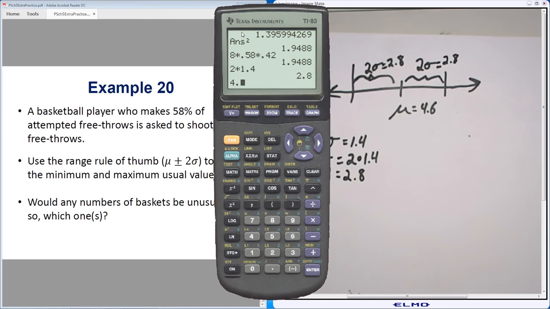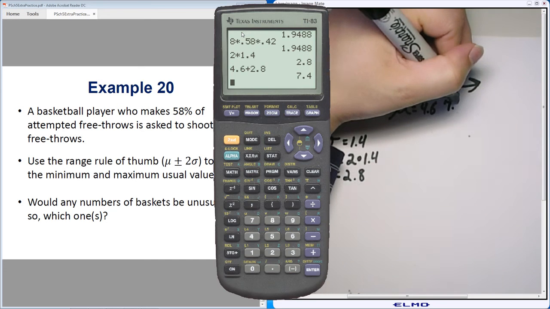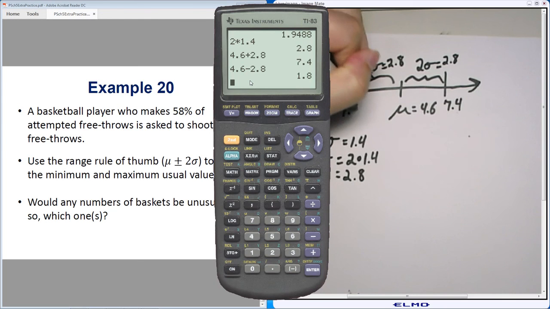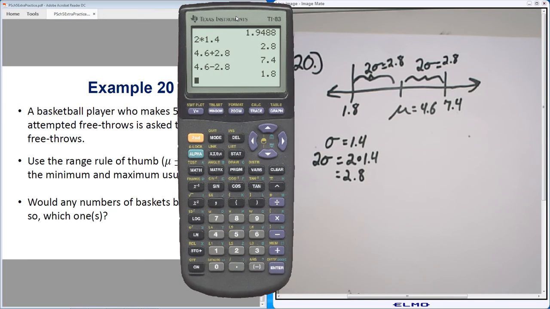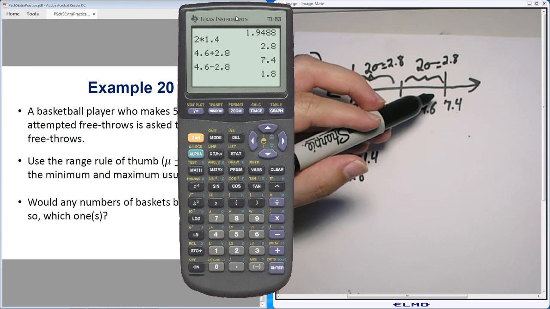The upper one, 4.6 plus 2.8, is 7.4. The lower one, 4.6 minus 2.8, gives me 1.8. So any values below 1.8 or above 7.4 would be considered unusual.